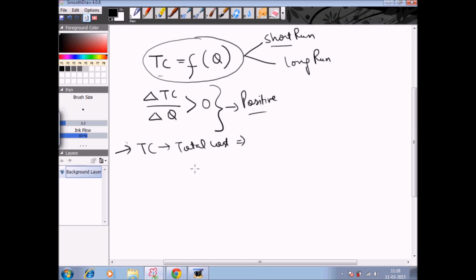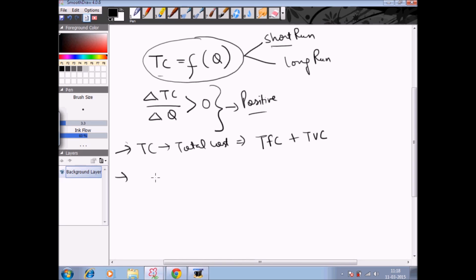Likewise, fixed inputs bear fixed cost and variable inputs bear variable cost. So, the total cost is divided into two parts, that is total fixed cost plus total variable cost. Total fixed cost will always be fixed in the short run for any number of output produced, whereas total variable cost will change with the number of output produced.